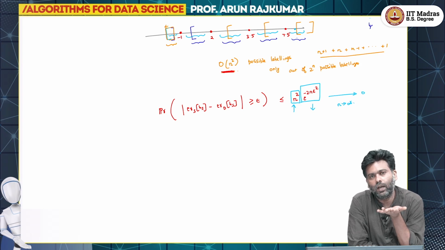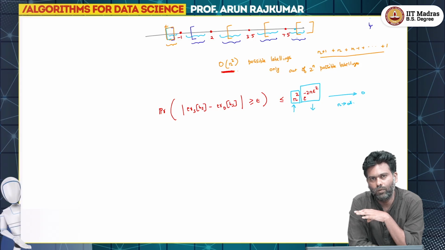So we have our first result: if I restrict my classifiers to be a set of interval classifiers, then though there are infinite such classifiers, I will still have effectively only order of n squared classifiers, and so I will be able to prove uniform convergence.